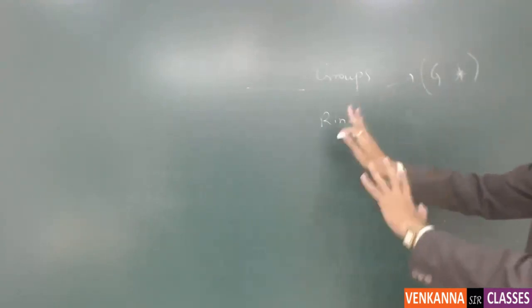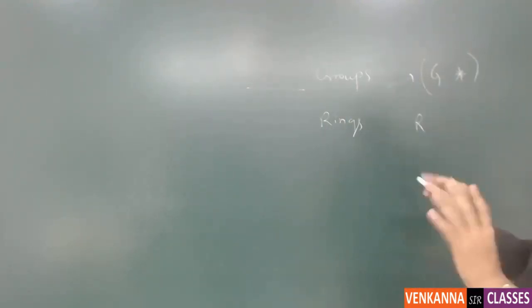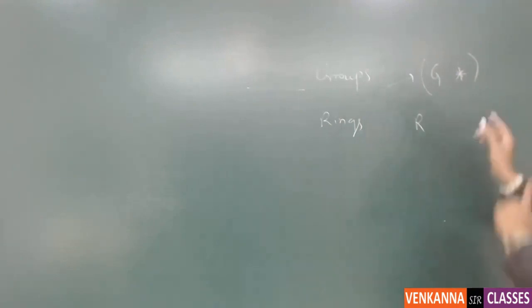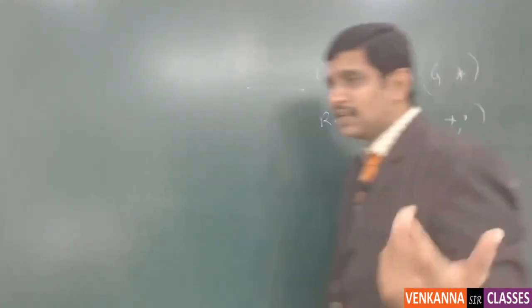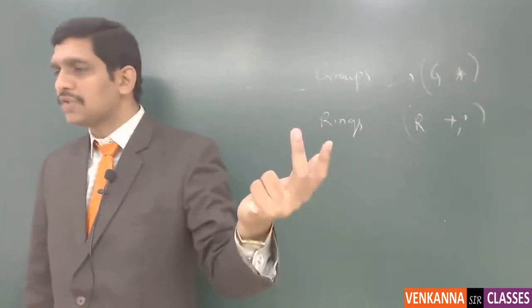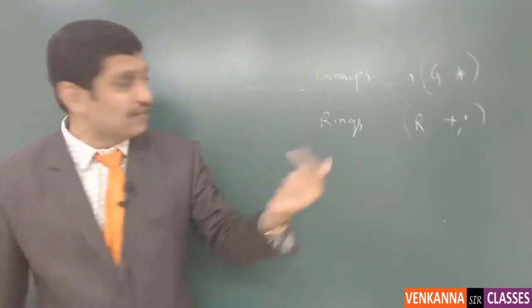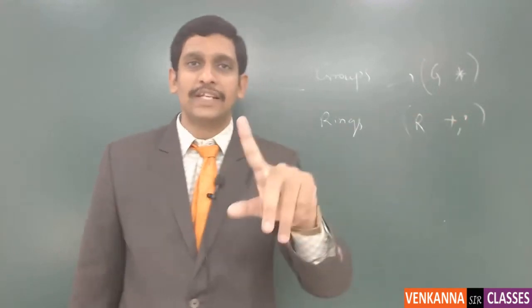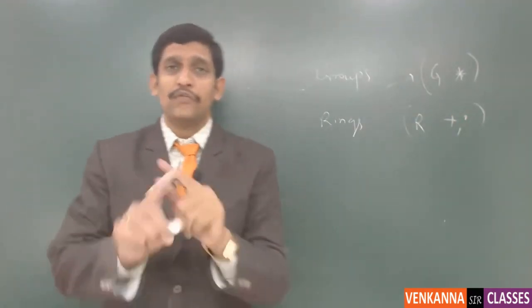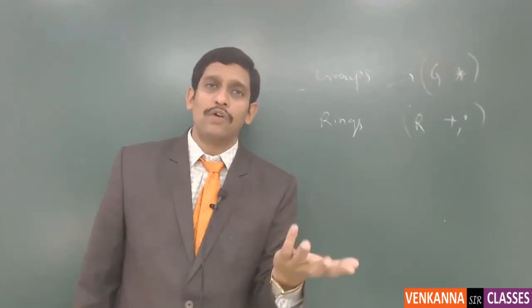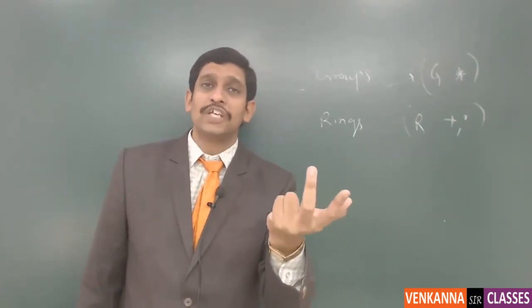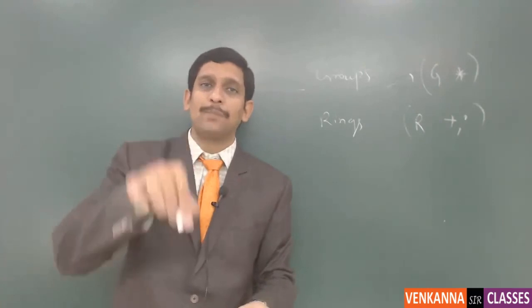If you take the case of rings, you take a set R. Here you take two binary operations. Whatever properties you are checking, closure, associative, identity, inverse, you check for two binary operations, not for a single one. Let me say, the integer set satisfies all four properties, closure, associative, identity, inverse, with respect to plus.